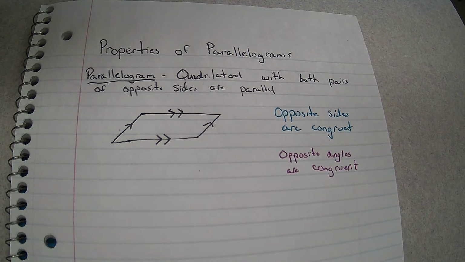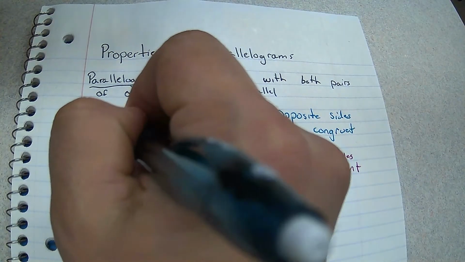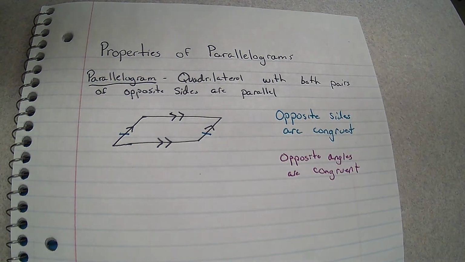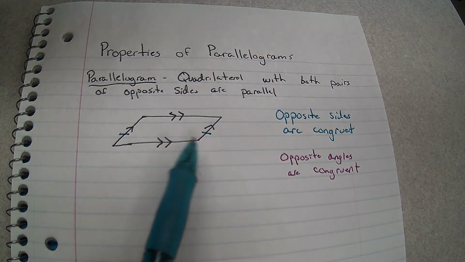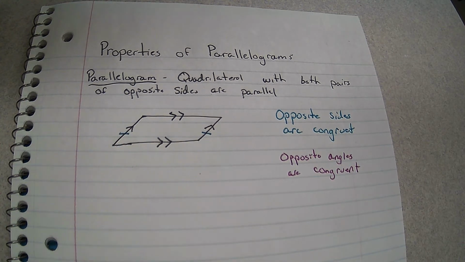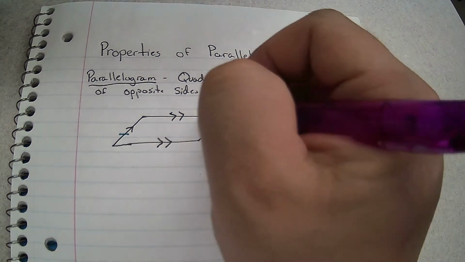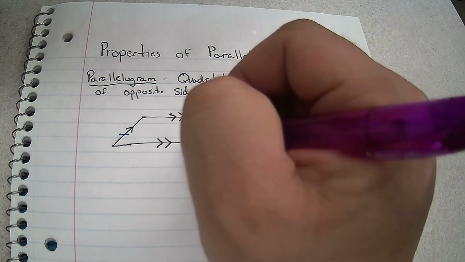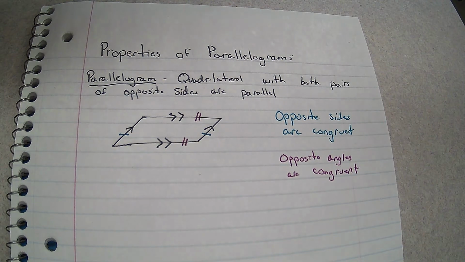Our sides we're going to show are congruent with those tick marks, so you might see something like that as well. That symbol tells us they're congruent. This symbol tells us they're parallel. And we could do that same thing here as well. This is congruent to that.